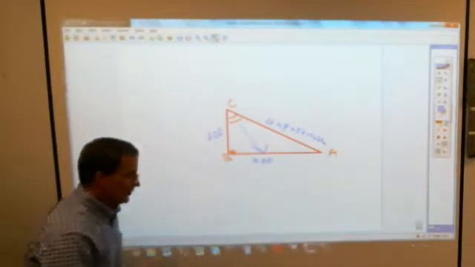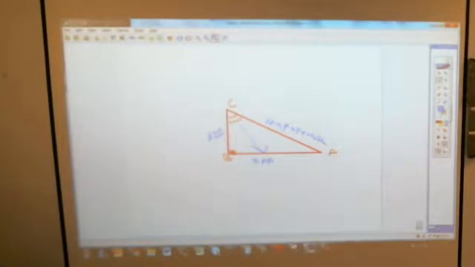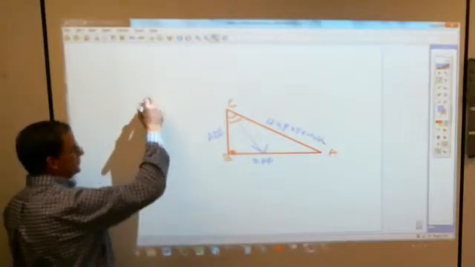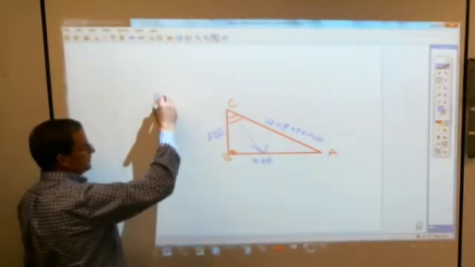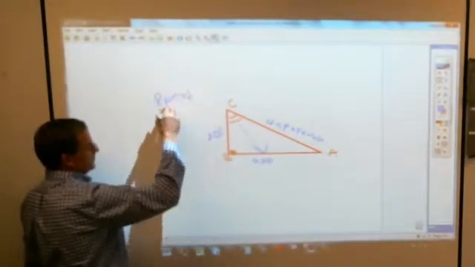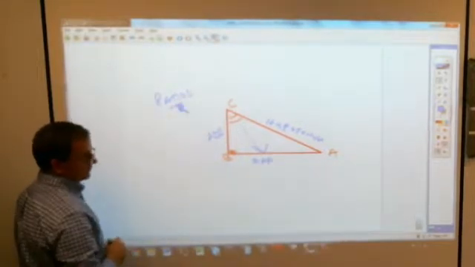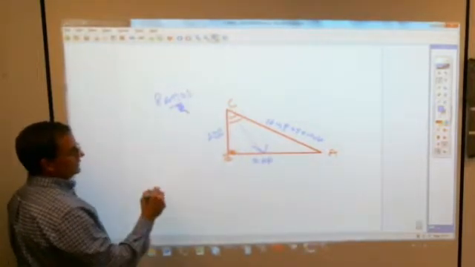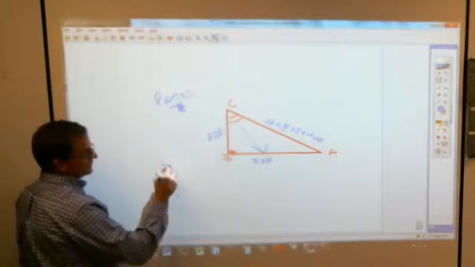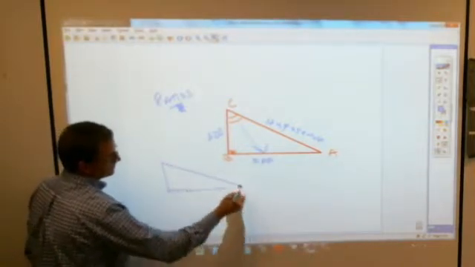To which you're going to say, why do I need to know that? You need to know that because they are going to ask you for some ratios. They're going to give you a right triangle. Let's say here's another right triangle.